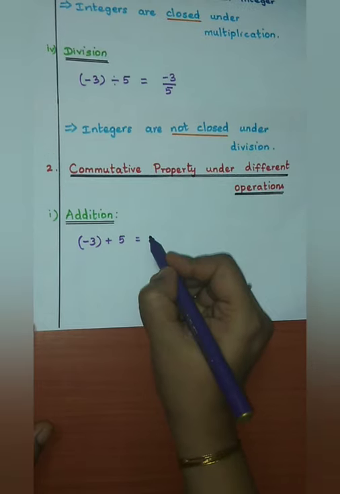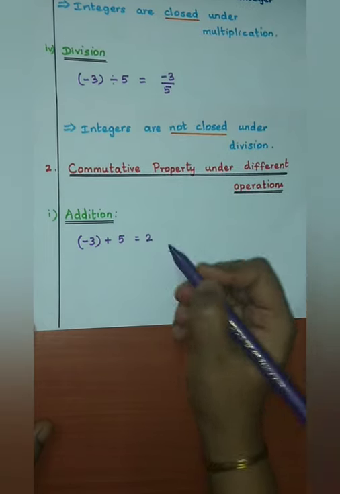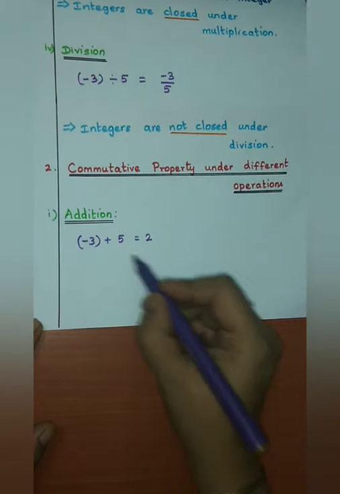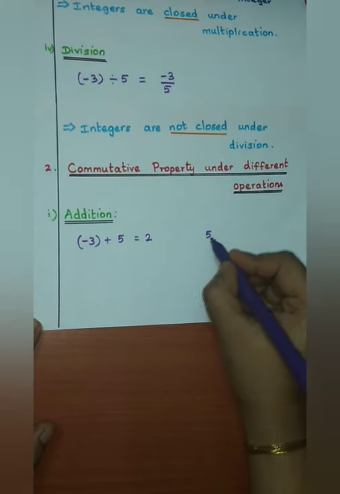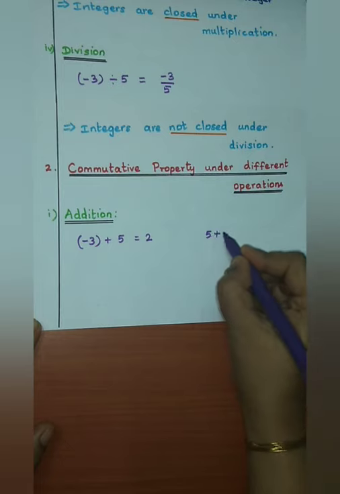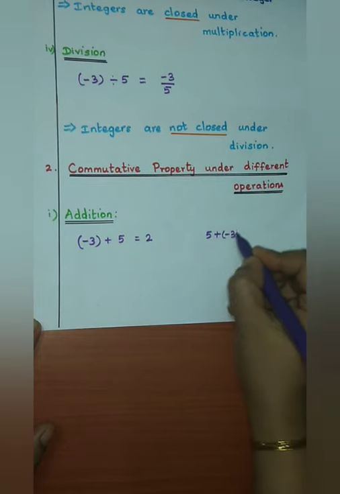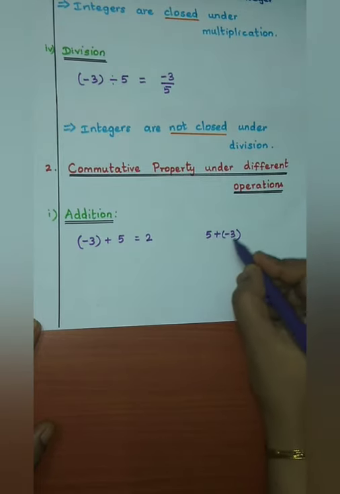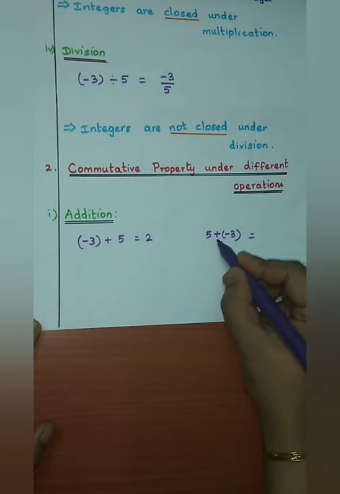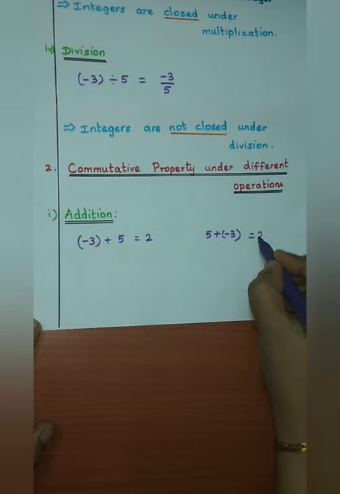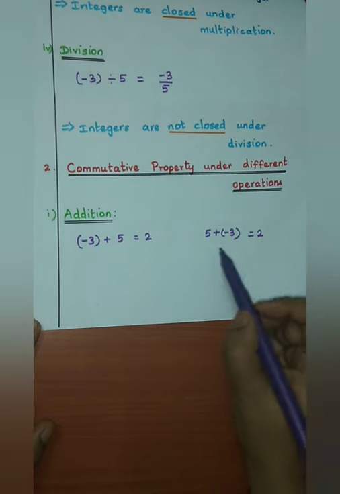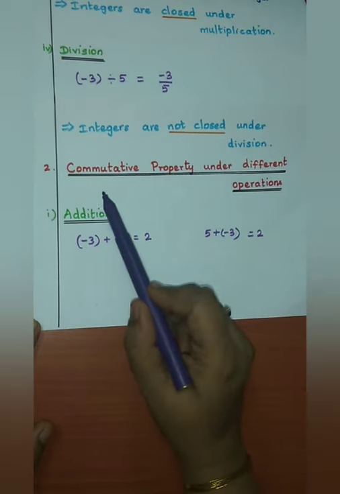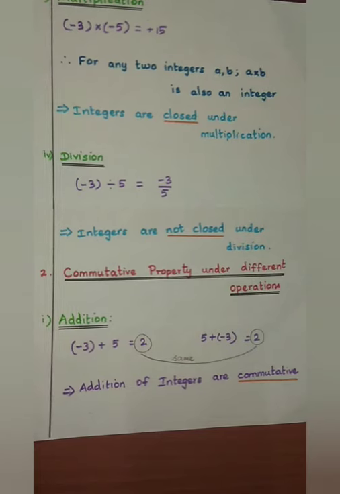Add this, what do we get? 2. Now you change the order. First you write 5, then add minus 3 to this 5. What do we get? 5 plus minus 3, again we get 2. The results remain the same. So, addition of integers is commutative.